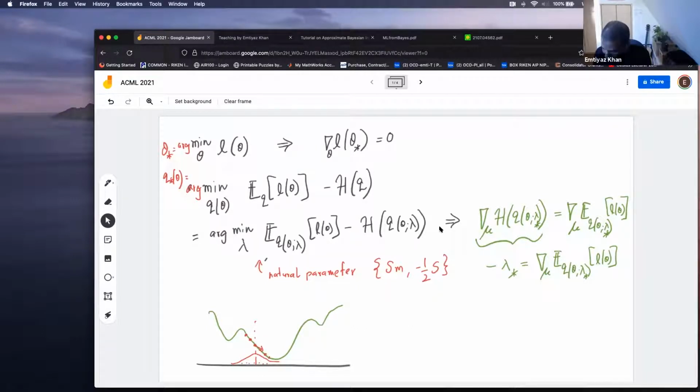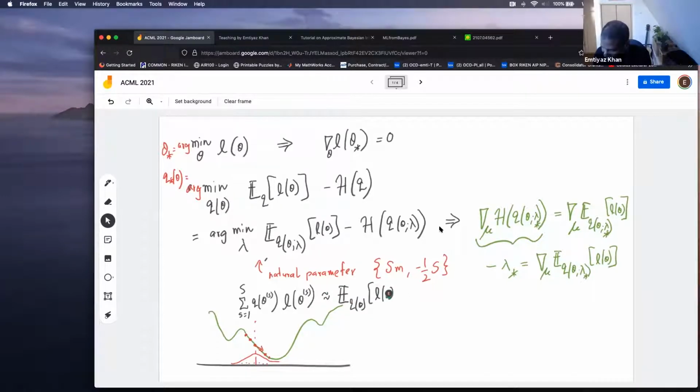So I'm basically computing the integral of the loss. Let me write the finite sum part, which is easier to understand: maybe these are all samples, and I'm looking at the value of q theta at those samples, and then multiplying that by the value of the loss. This is really the approximation to the expectation.